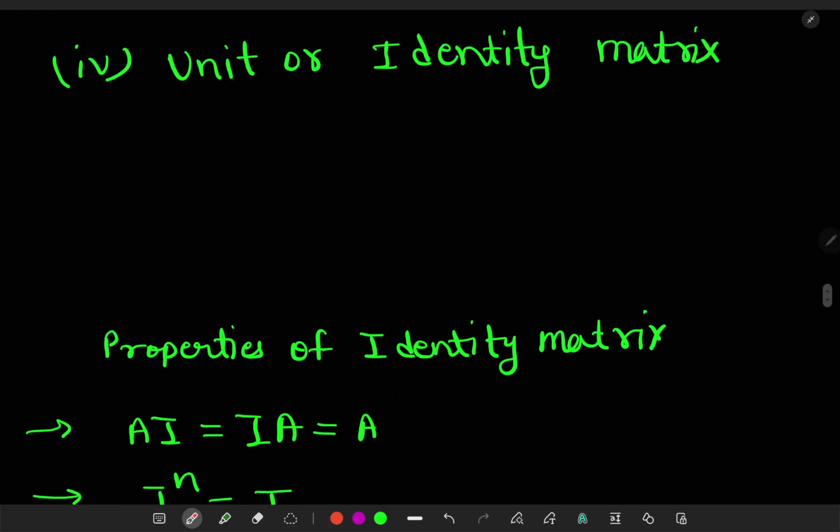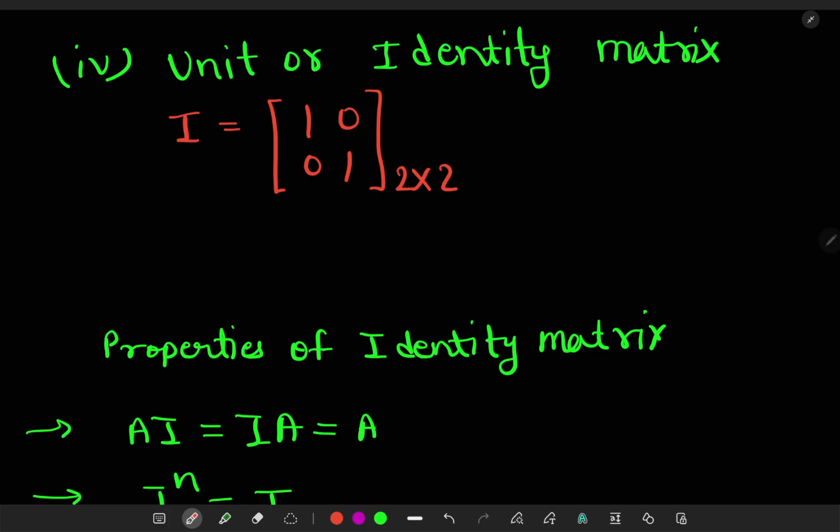Now unit or identity matrix. It is represented as I is equal to a matrix of order 2 into 2.